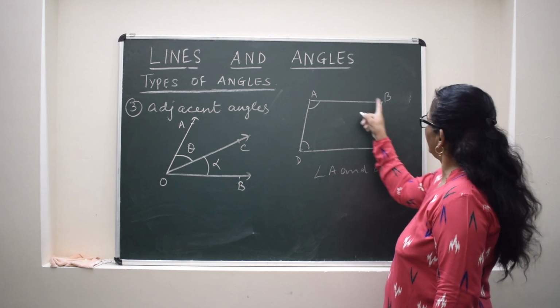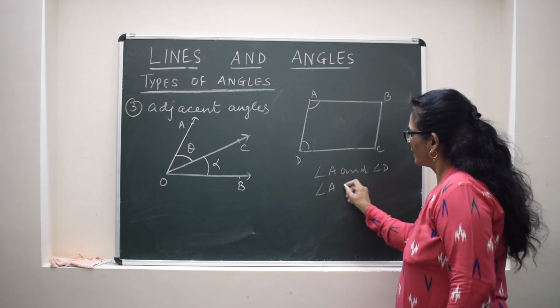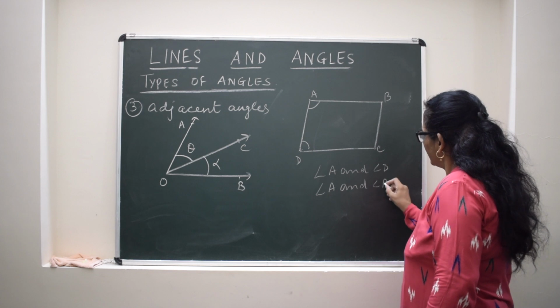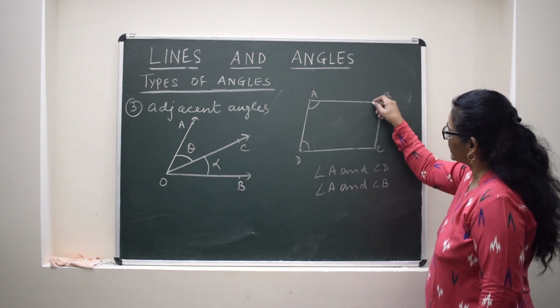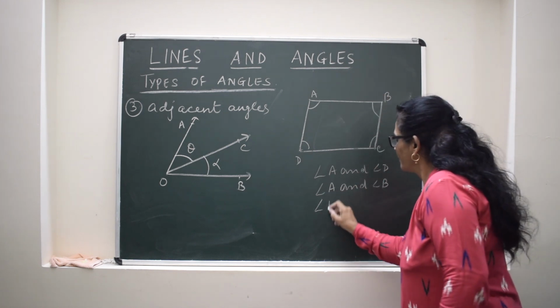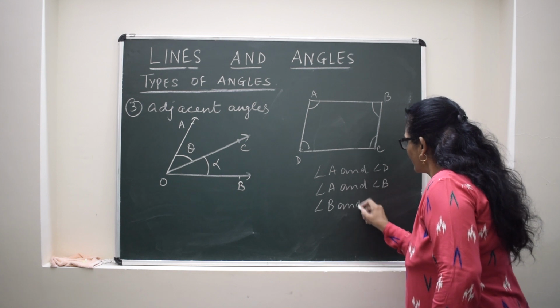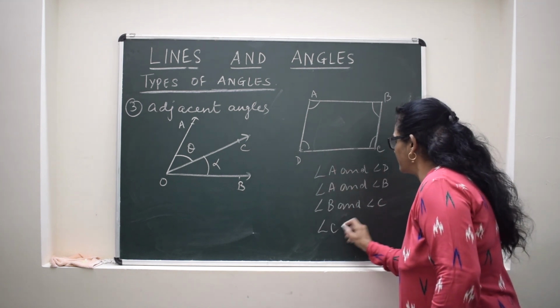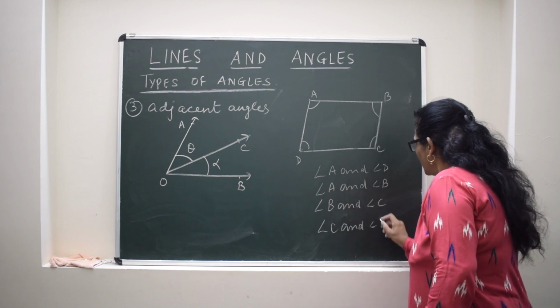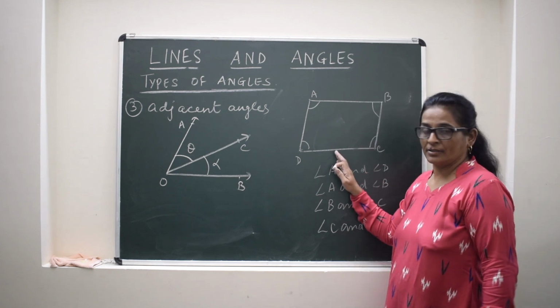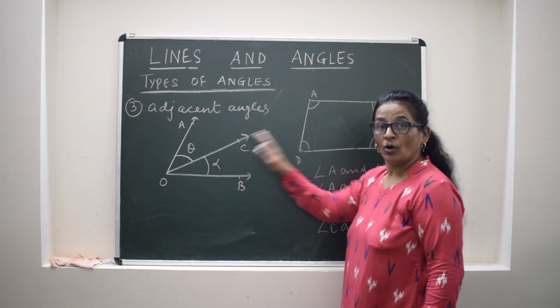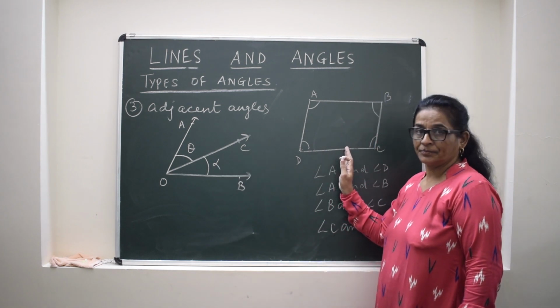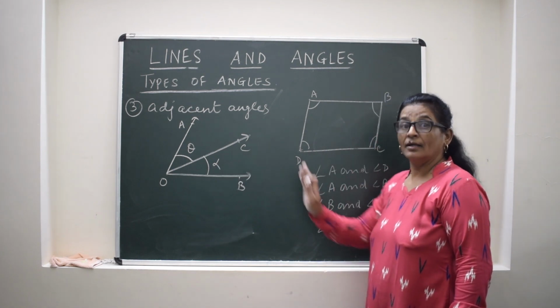Similarly, angle A and angle B, and angle B and angle C, as well as angle C and angle D. So here the meaning is a little different. Like this or like this, both are adjacent angles.